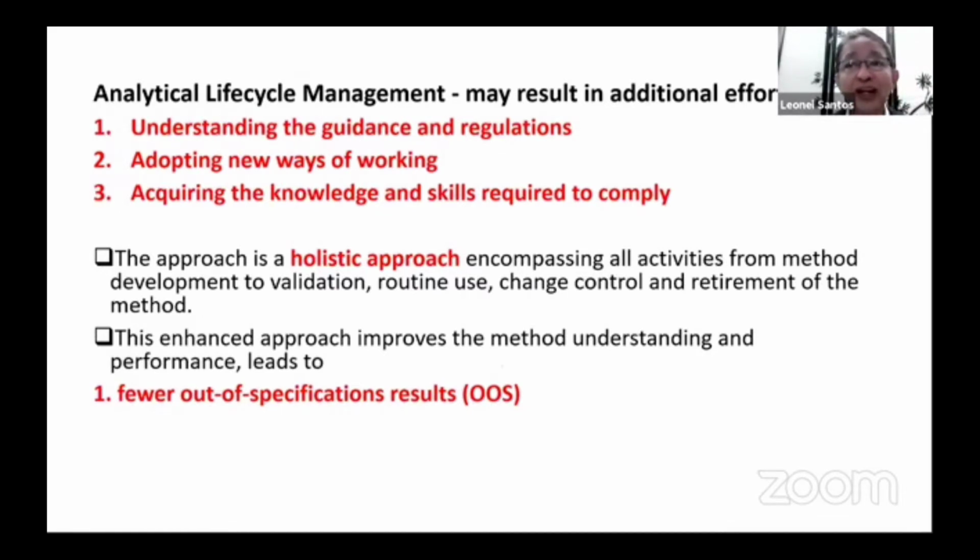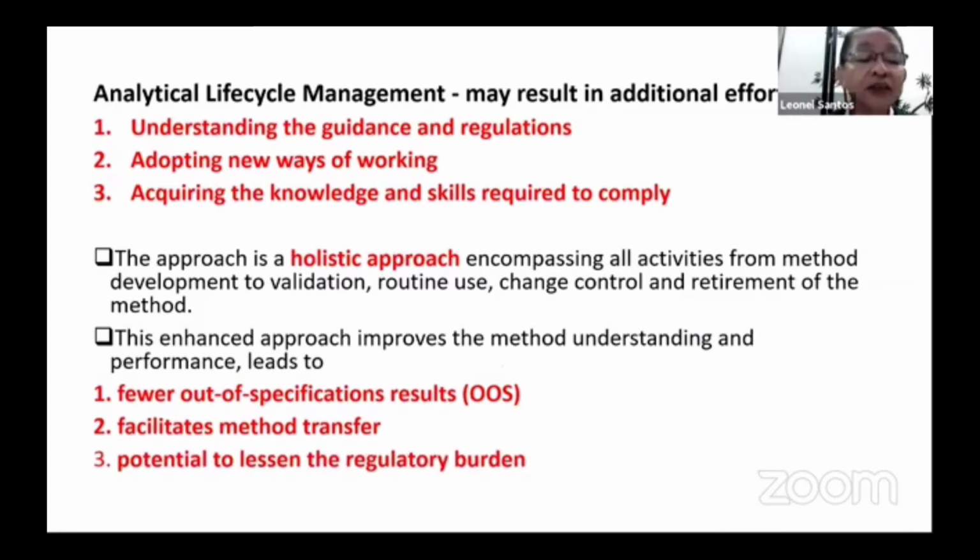You guys in the industry know what out of specification results are. It facilitates method transfer, so you're moving one method, one procedure, from one site to another. And also the potential to lessen the regulatory burden. So this is something that is very much of interest in the United States because the FDA really goes after the industry in terms of how they manage their product.